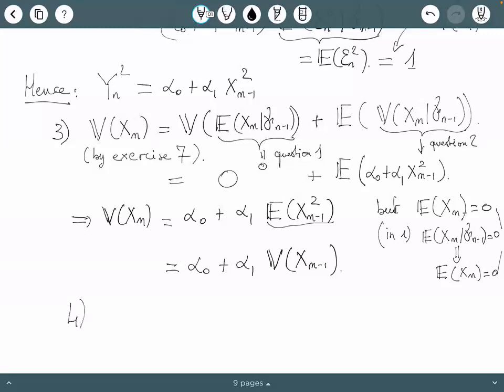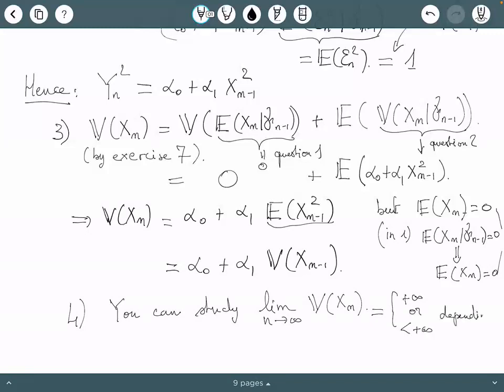So you can study the limit as n goes to infinity of the variance of Xn for a long time, and this limit can be infinite or finite, depending on alpha 0 and alpha 1. But I will not do it because it is maybe not so interesting for this course.